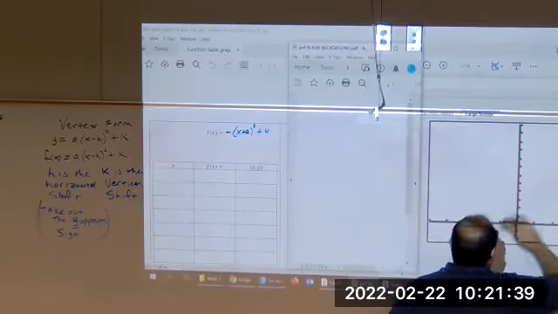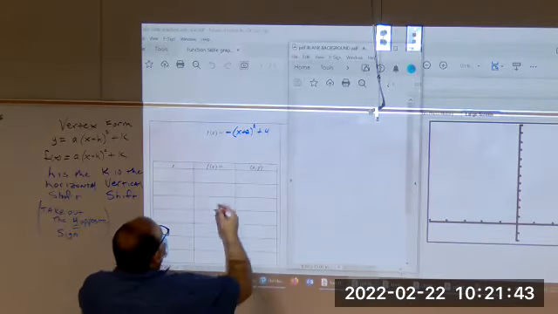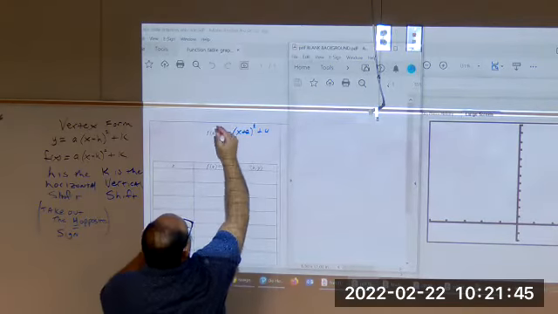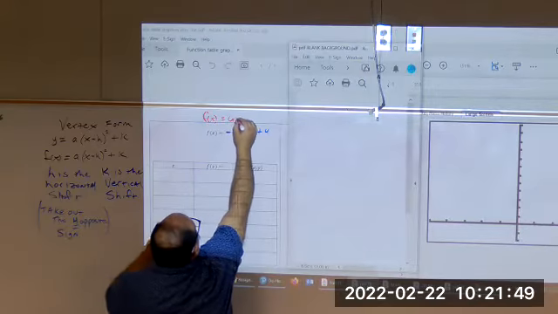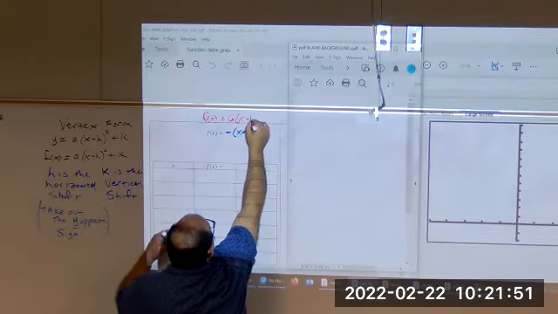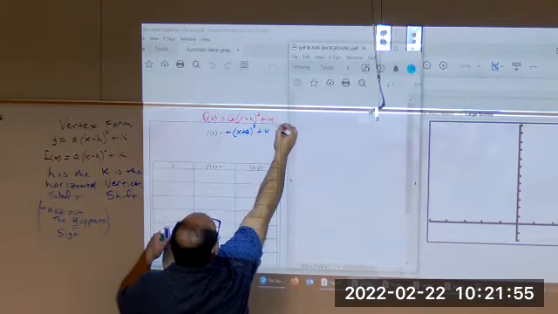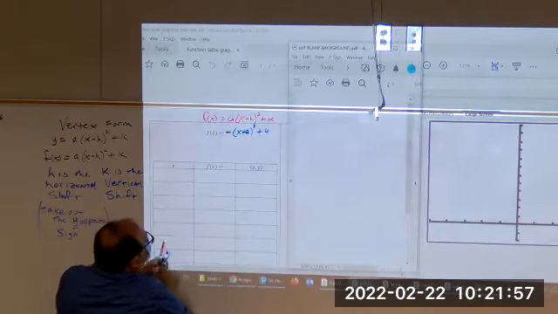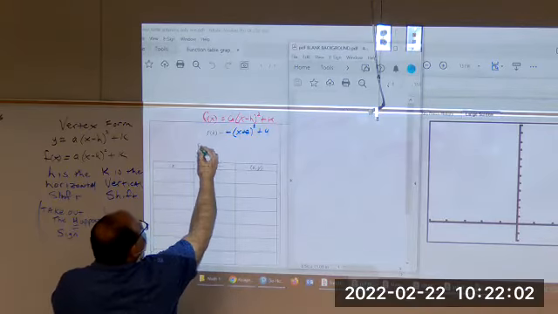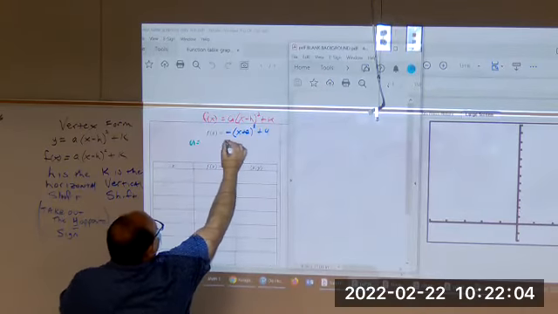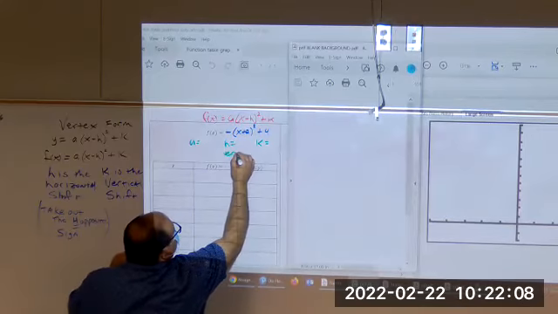Here's how you take these factors apart. We basically want to play the lineup game. f of x is a parentheses x minus h squared and then a plus k. First thing, make a little list of who everybody is: what's the a, what's the h, what's the k, and what's the vertex.